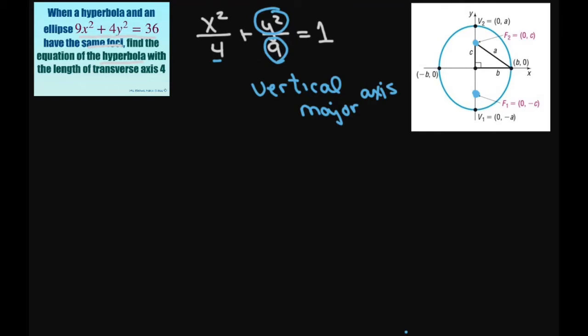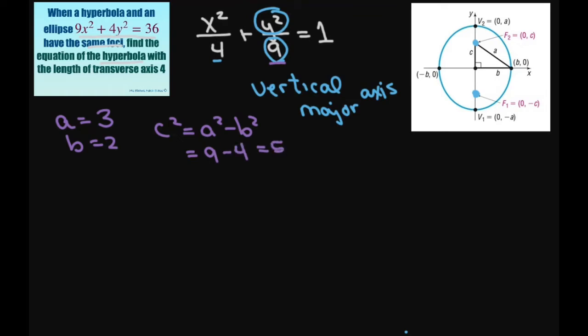Alright, so basically we already know our a. Our a is going to be 3. That always is the bigger number. And your b equals 2. We have c squared equals a squared minus b squared. So this is going to equal 9 minus 4, which equals 5.